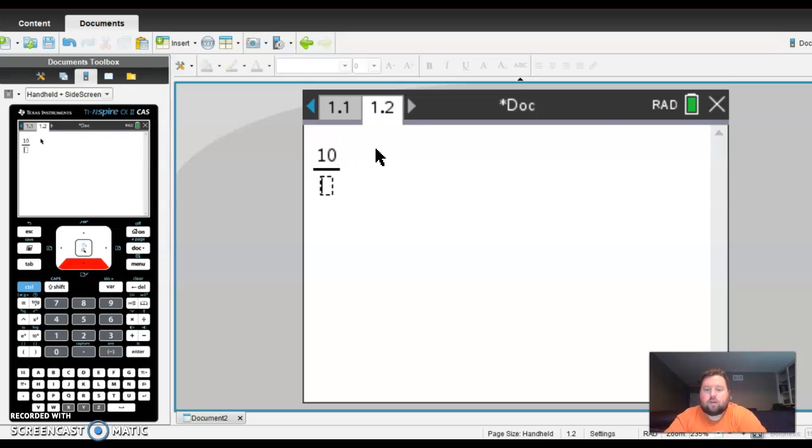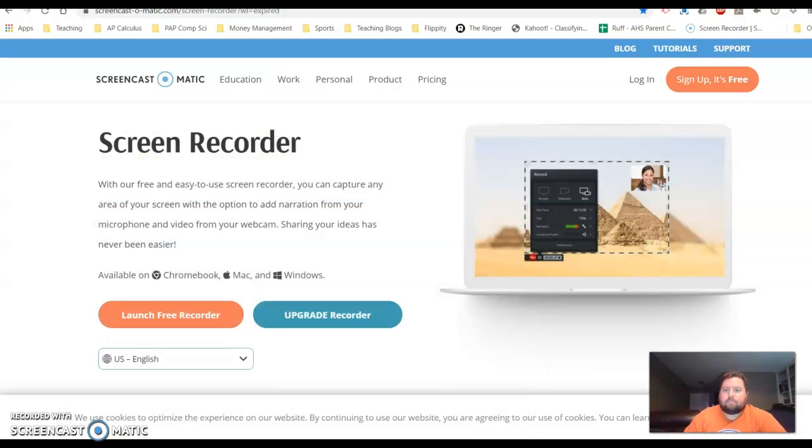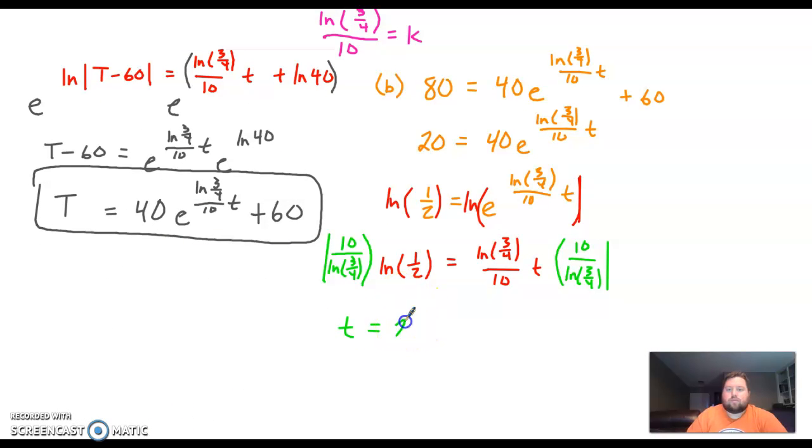And that's being multiplied by the natural log of 1/2. And we get 24.094. And our units are in minutes.